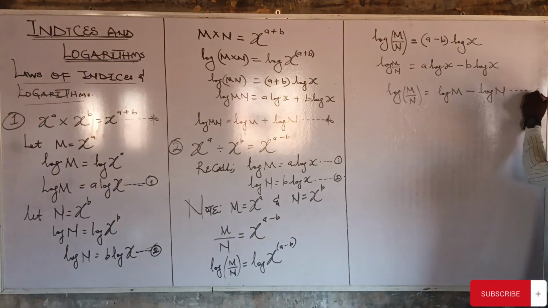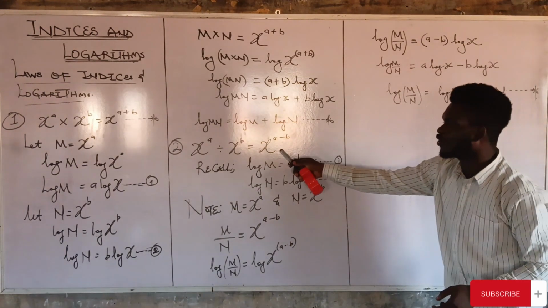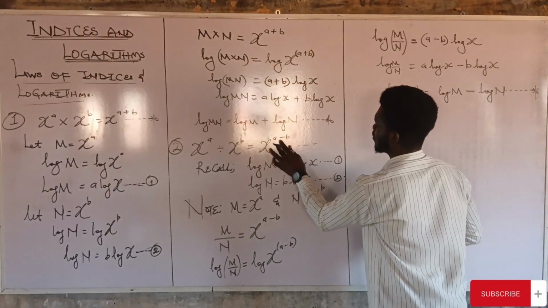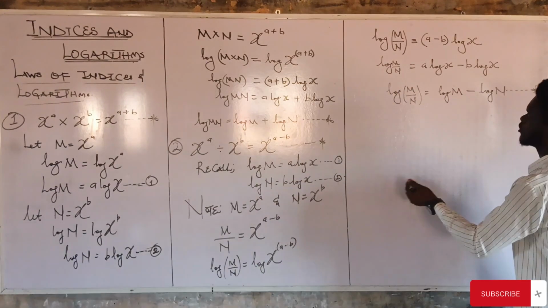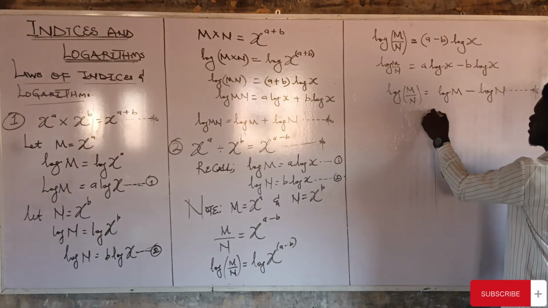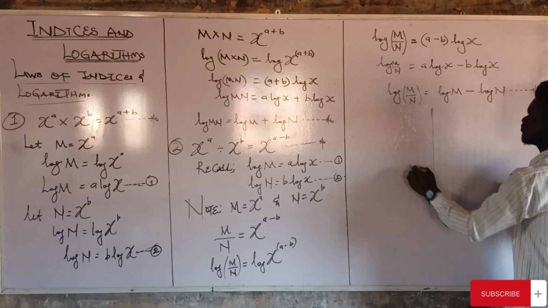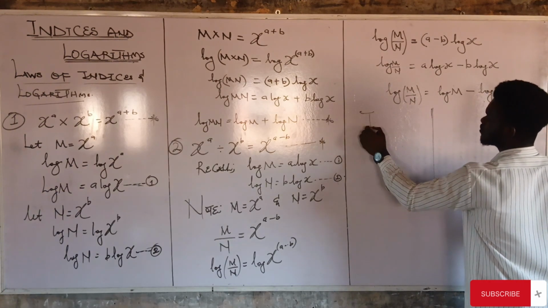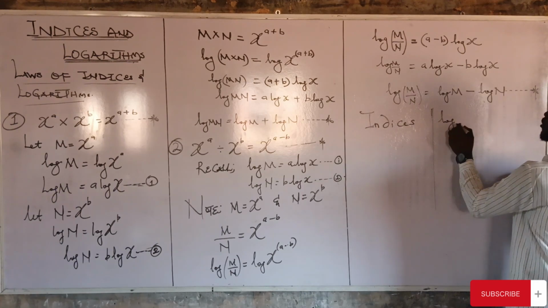So this is the standard law of logarithm, and this is a standard law of indices. Now the two laws, I can share them into parts. I can differentiate them by saying this is indices and this is logarithm.